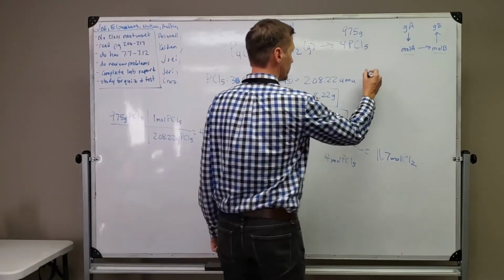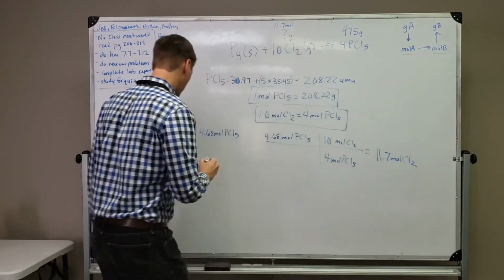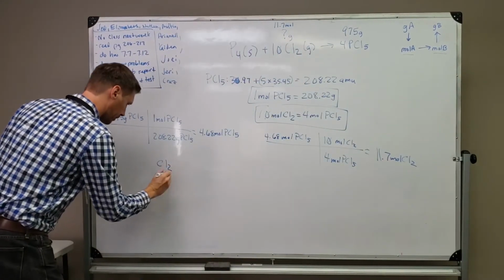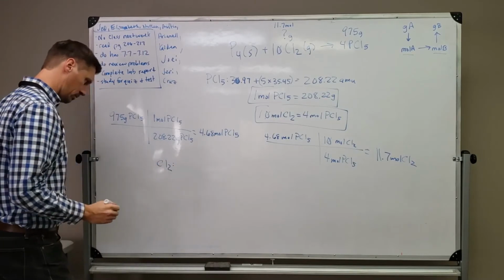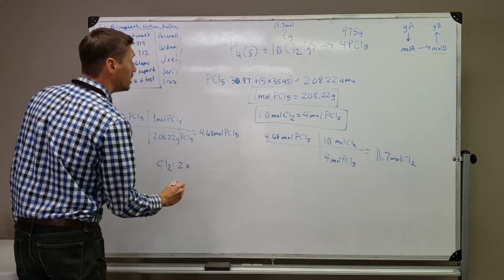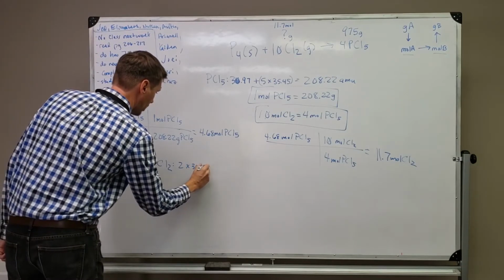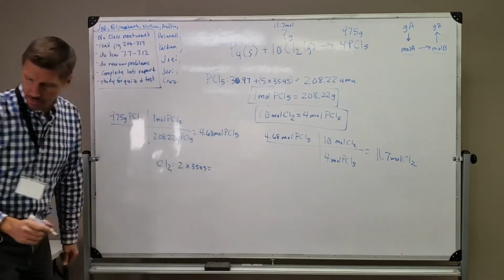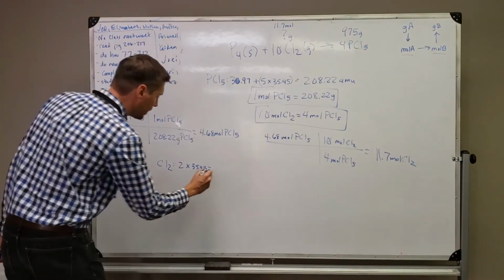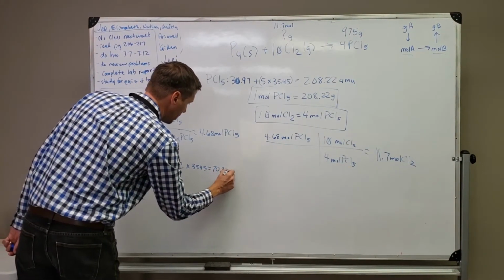So Cl2, and I'll do that over here. Cl2 has a molar mass of 2 times, we said Cl was 35.45. So that equals 70.9 AMU.